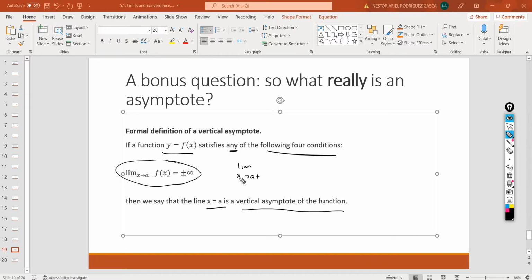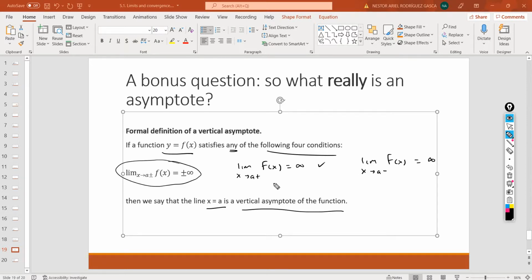The limit as x approaches a from the right of the function is equal to infinity. That's the first one. And then the limit as x approaches a from the left of the function is equal to infinity, right?